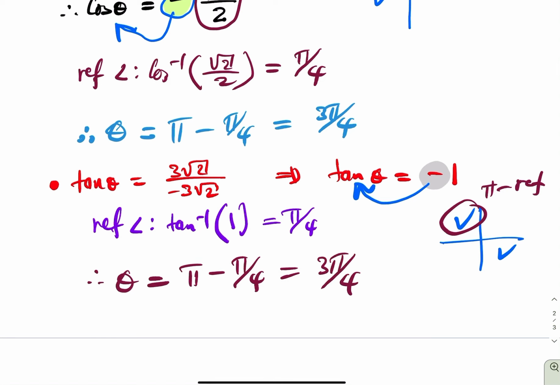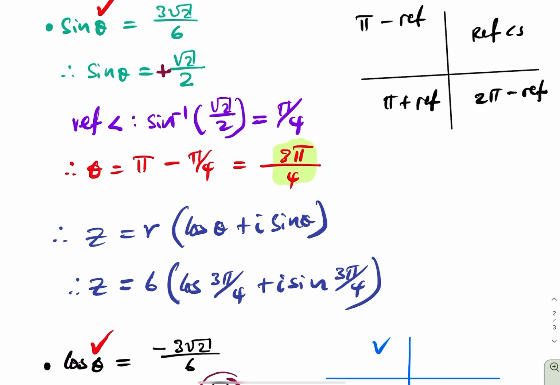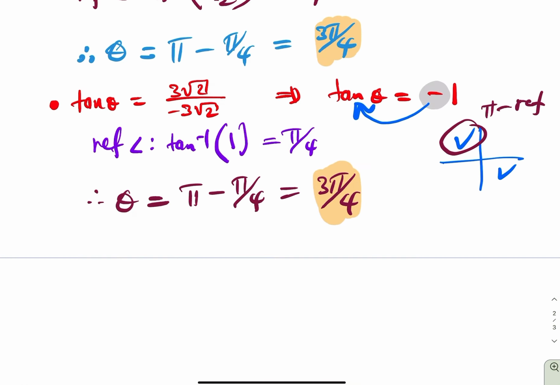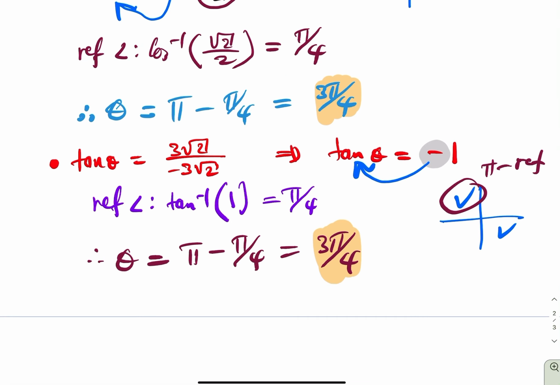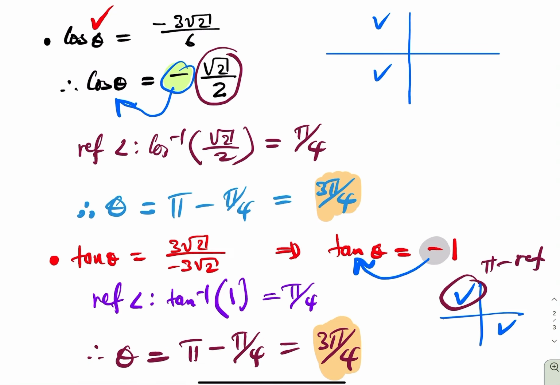Please check that I'm getting the same angle throughout, which is 3 pi over 4. Even here, I got the same stuff. So please make sure that you choose the one that you find easy. Between the sine and the cos and the tangent, they all work the same way. They just need a maximum level of understanding of trigonometry stuff.